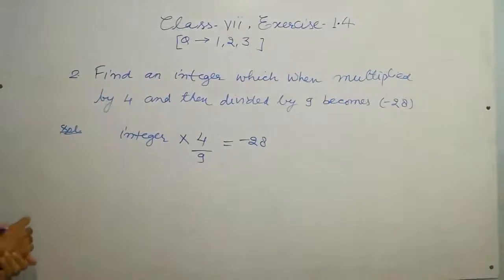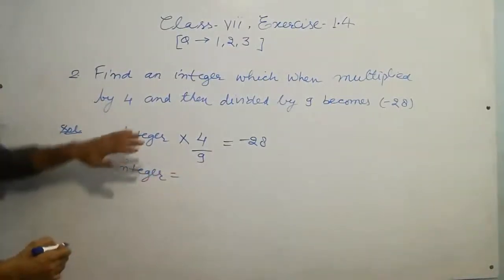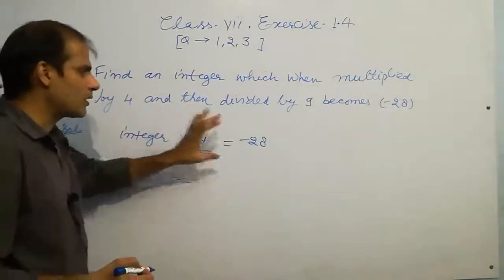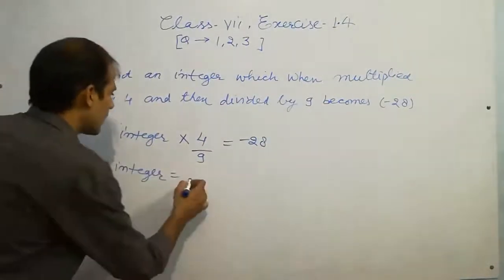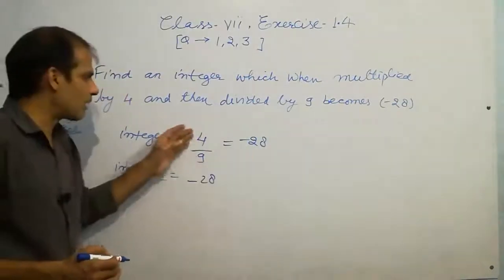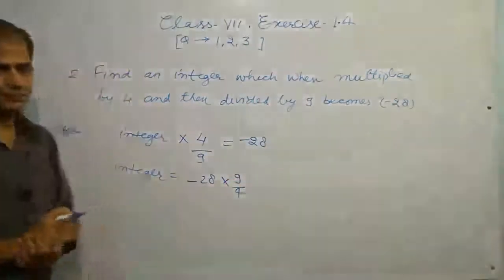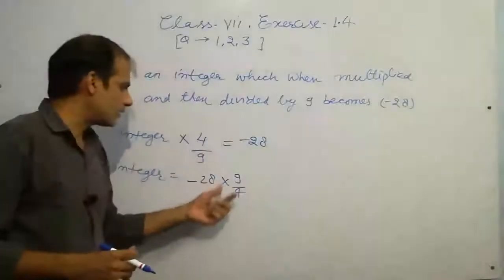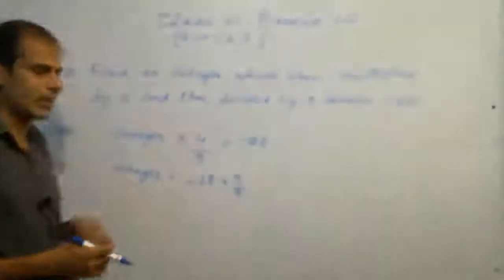Very simple. So how to calculate the value of the integer? If you want to find this value, this 4 upon 9 goes to the other side as its reciprocal, according to the rules. So you will write minus 28, but when you divide by 4 upon 9, it becomes 9 upon 4, because if there is a fraction in the denominator, we write its reciprocal with a multiply sign.